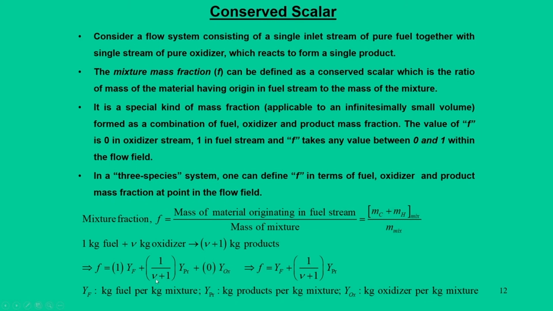If you simplify, F is equal to YF plus 1 by mu plus 1 into Y products, where YF is kg of fuel per kg of mixture, Y products is kg of products per kg of mixture, and Y oxidizer is kg of oxidizer per kg of mixture.